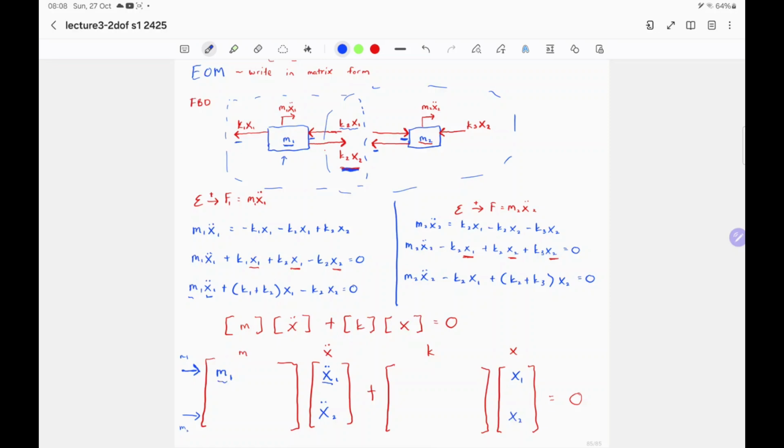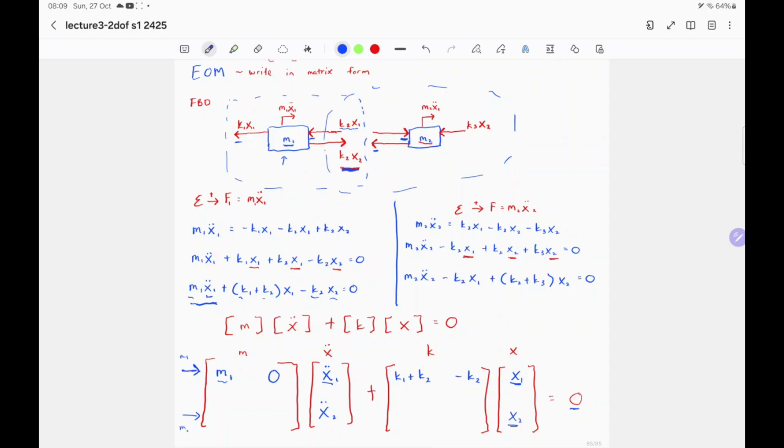So m1 x double dot 1, plus (k1 plus k2) multiplied with x1, minus k2 x2, is equal to 0. From the mass matrix, because we don't have anything else multiplying x double dot, it's only m1, so this one will become 0.